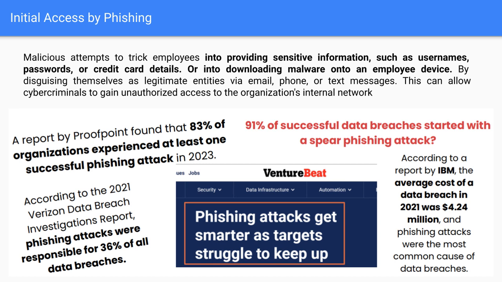And the second type is tricking the victim into downloading a malicious file, and the malicious file will get the attacker their initial access and will start the other stages of the attack.